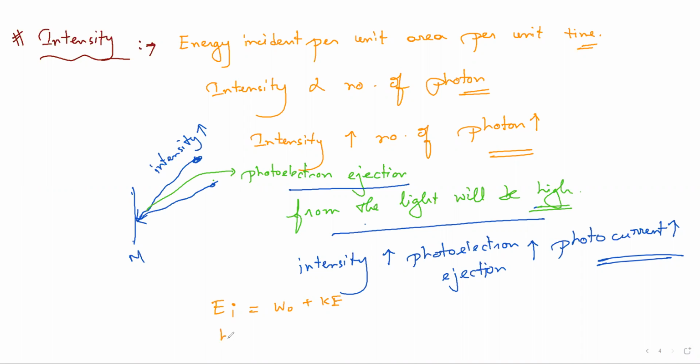We can write h nu equals h nu naught plus half mv square. If half mv square is required, then you can use it, otherwise not. And the third one, if you change it with stopping potential, this value becomes eV naught. These three formulas are the only ones required in this part. Now I am giving you one question. Solve it.